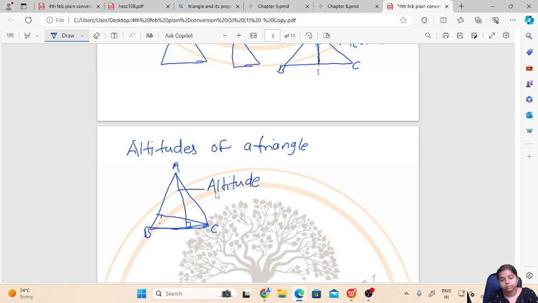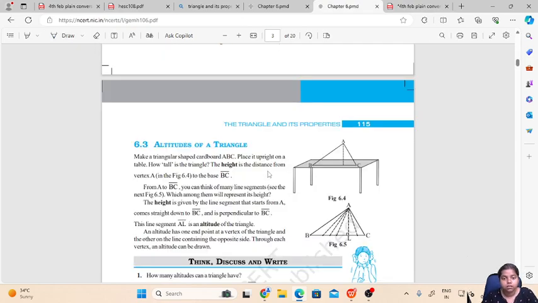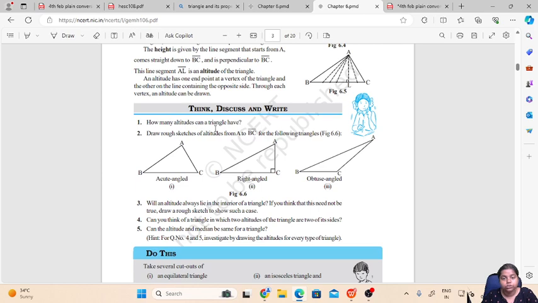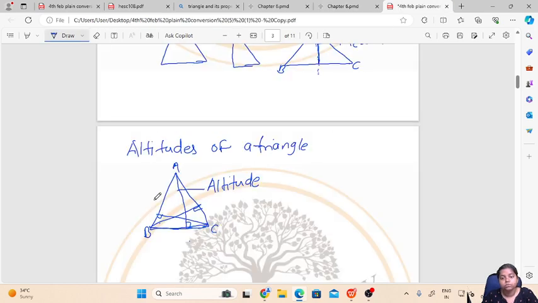And from this vertex we can also draw an altitude to the side opposite to vertex B, that is AC. So altogether, what was the question they asked us? How many altitudes can a triangle have? From this we can say that a triangle can have 3 altitudes. How many? 3 altitudes.